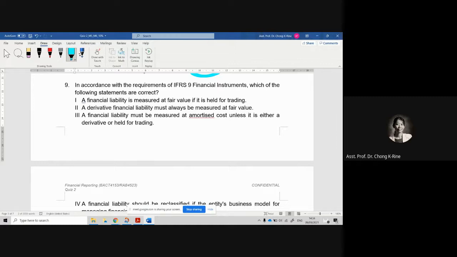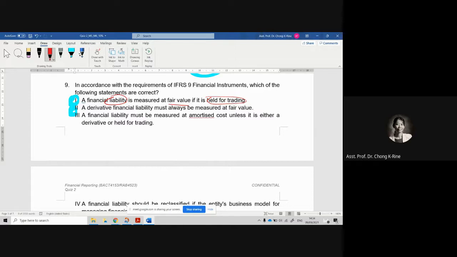Let's look at this. Which one is correct? Yeah, the answer is 1 and 2. Okay, 1 and 2 is correct. Now, very tricky, there's one that is very tricky. Number 1, liability is measured at fair value if it is held for trading. Correct, right? If it is a trading model, then we will use fair value, like a derivative liability.